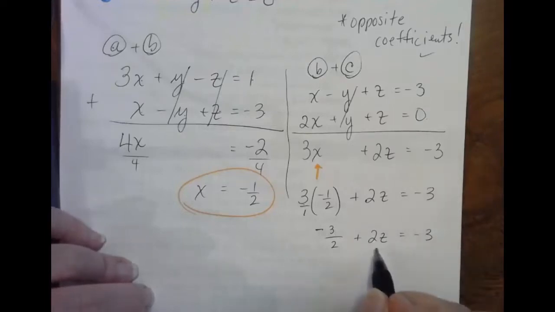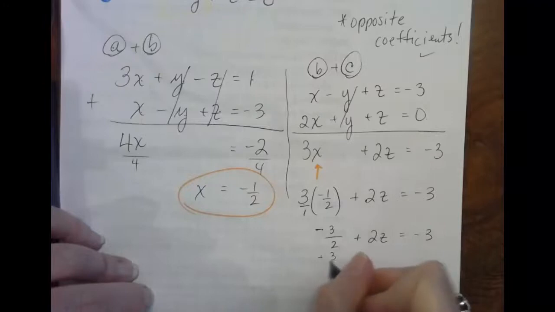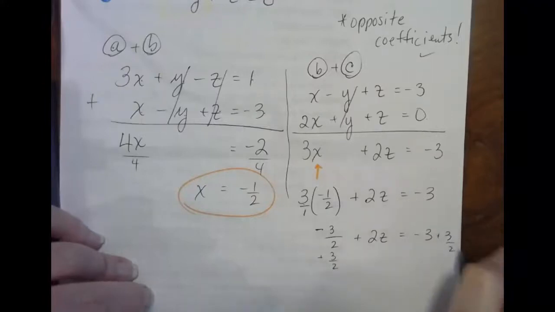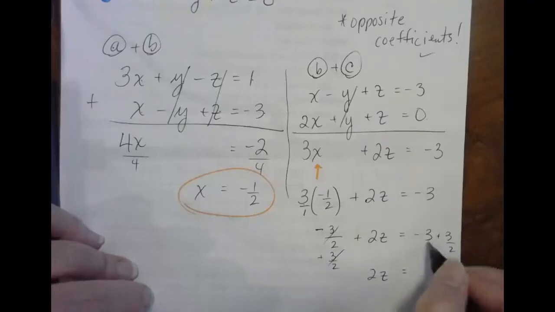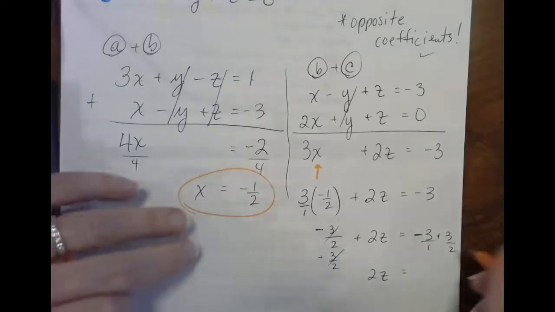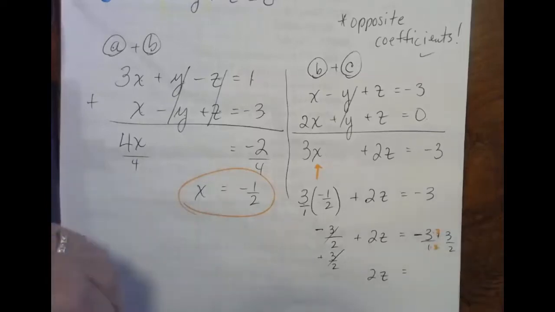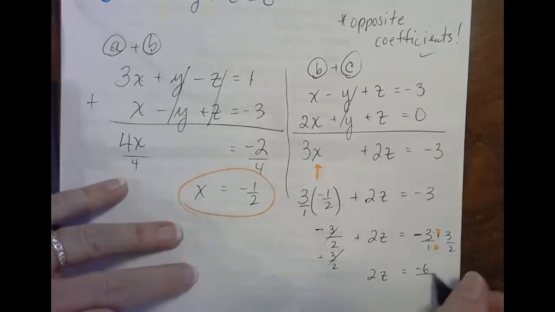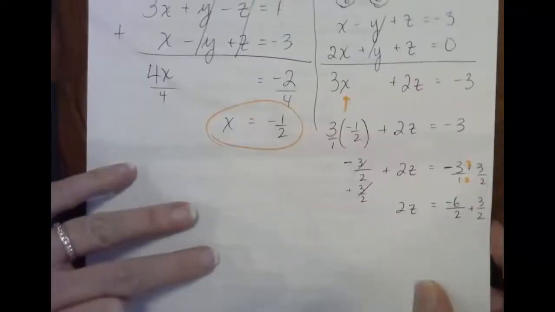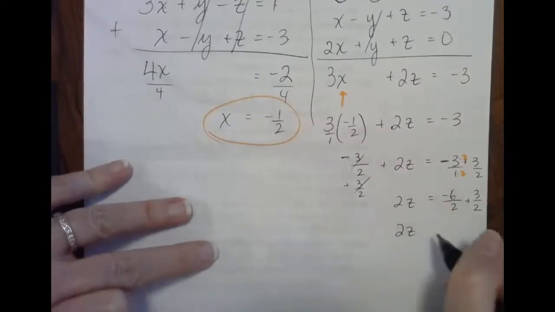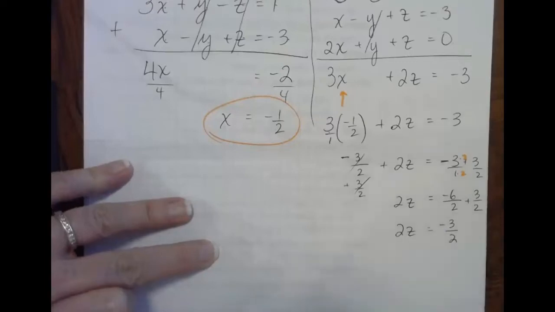So we're solving for z, so I am going to add 3 halves to both sides and get 2z equals negative 3 plus 3 over 2. If we get a common denominator of 2, we end up with negative 6 over 2 plus 3 over 2. So when we solve here, we get 2z equals negative 3 over 2.